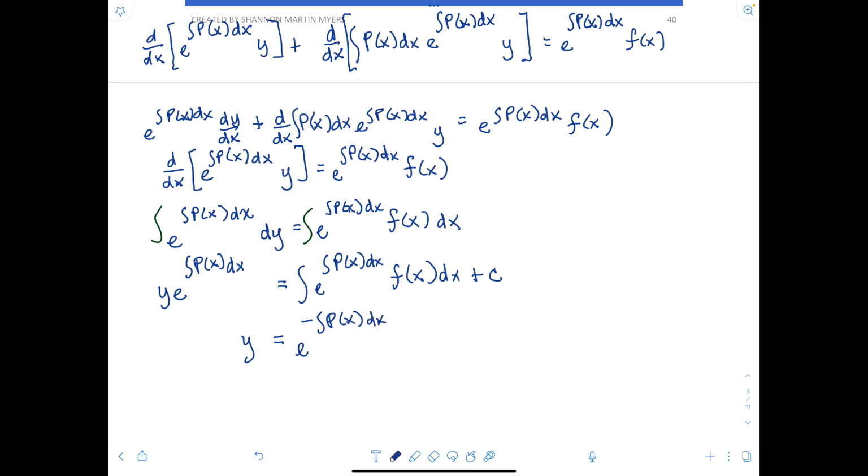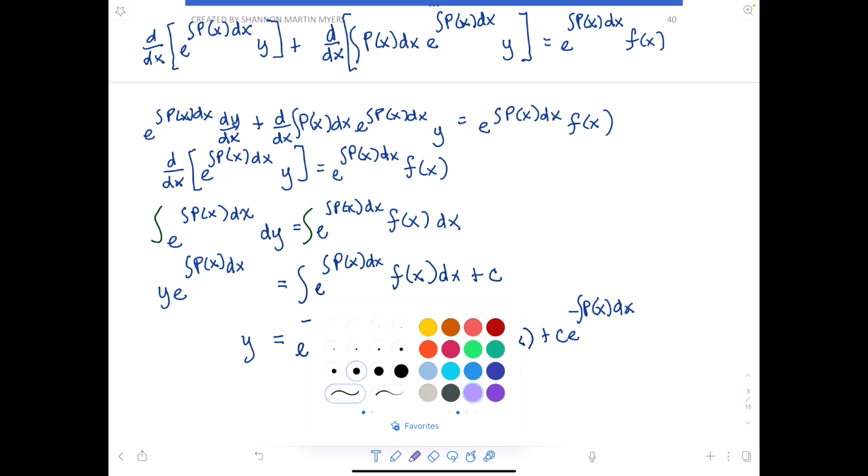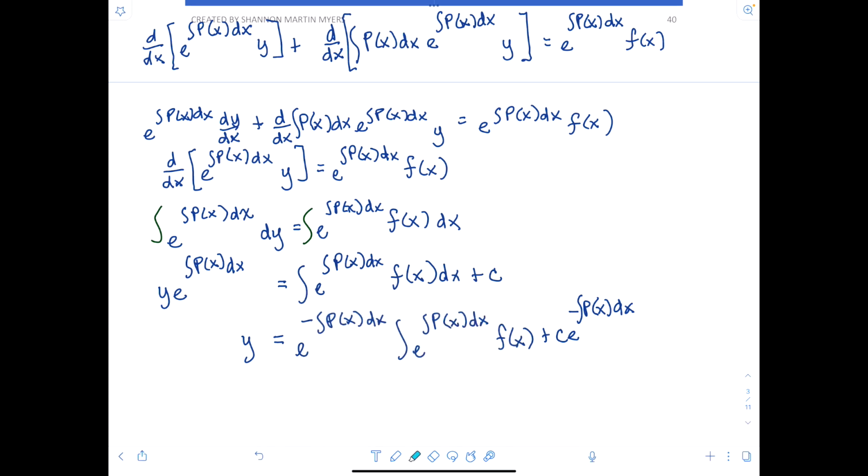That's just using the law of exponents, dividing both sides by e to the integral p at x dx, and then writing it in the numerator, times the integral of e to the integral p at x dx times f at x plus c e to the negative integral p at x dx. Cool? And so this is the one that we're going to utilize here.